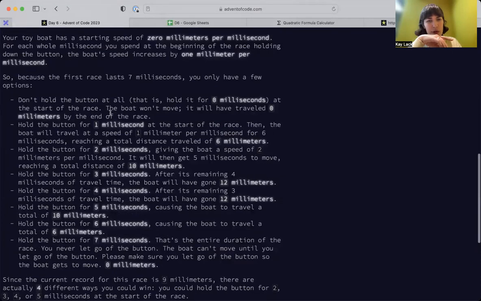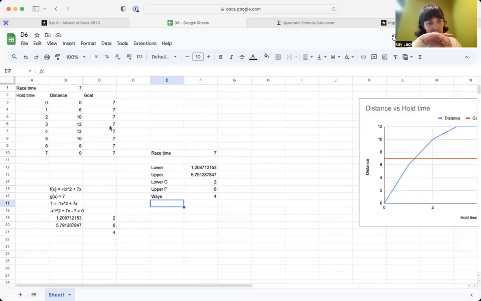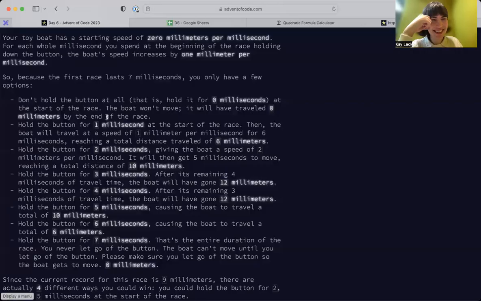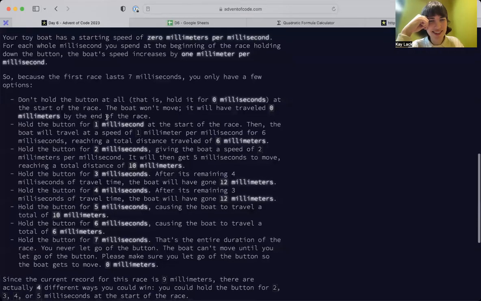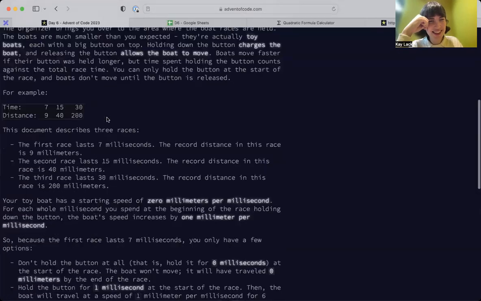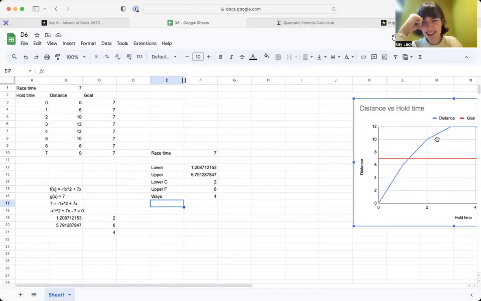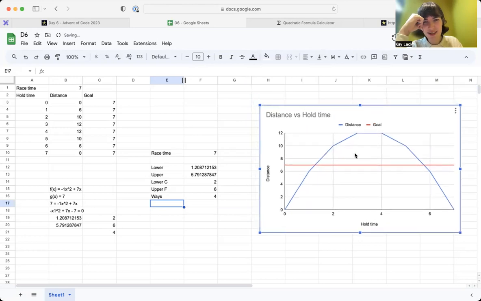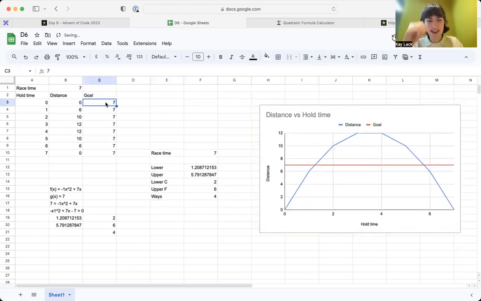Wait, have I gotten this totally wrong? Yes, I've totally misread the puzzle. Yes, so the goal is actually 9.